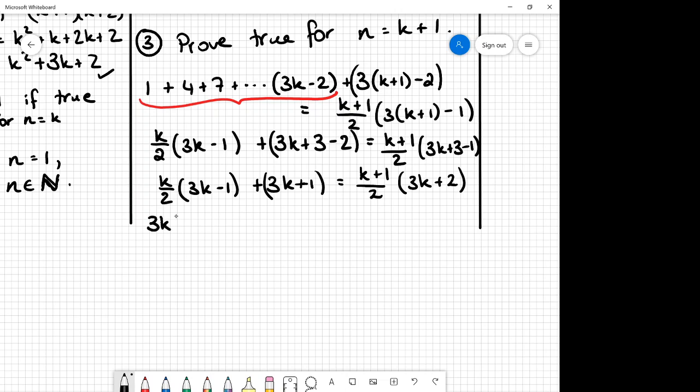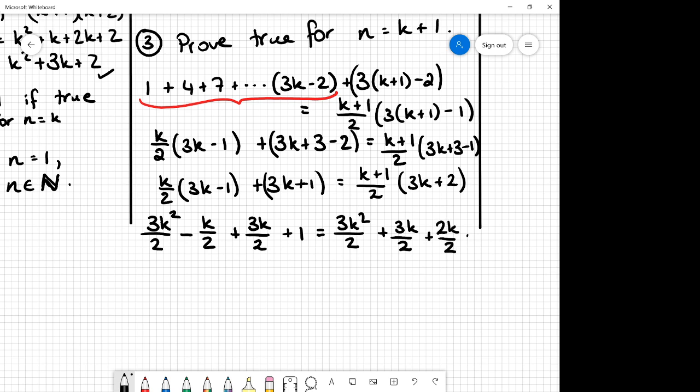If we multiply this out, we get 3k squared over 2 minus k over 2 plus 3k over 2 plus 1 is equal to, if we multiply the right hand side out, we get 3k squared over 2 plus 3k over 2 plus 2k over 2 plus 2 over 2.